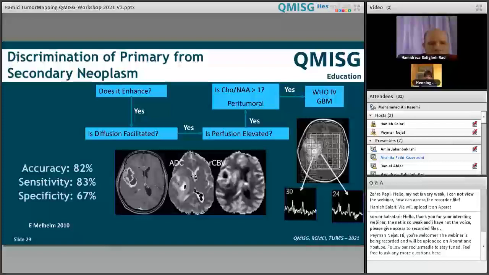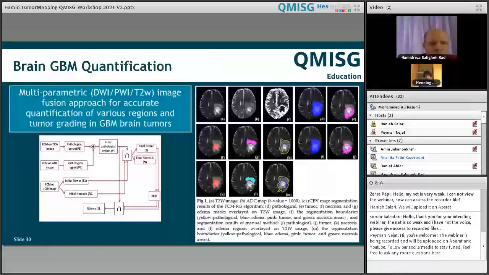Again, with basically this accuracy, specificity and sensitivity. In two different research projects we did at the Tehran University of Medical Sciences, we tried to tackle the problem of tumor contouring.